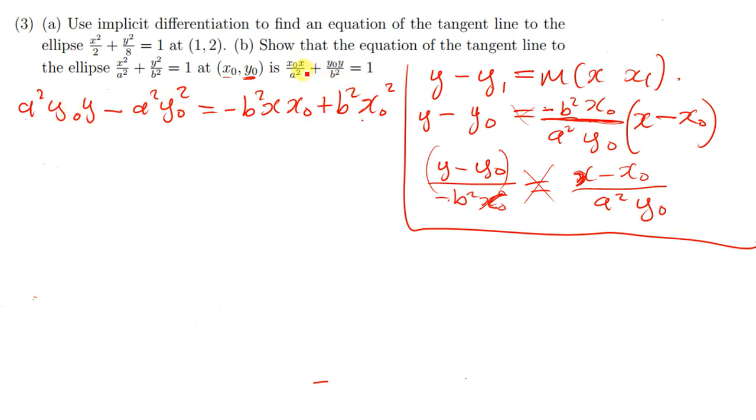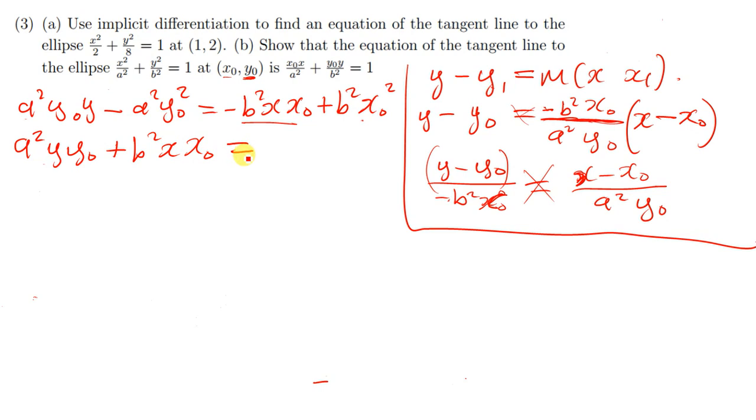So I'm going to get this part: I have a squared y and y naught. Then I'll bring this part to the other side of the equal sign so that it becomes b squared x naught.